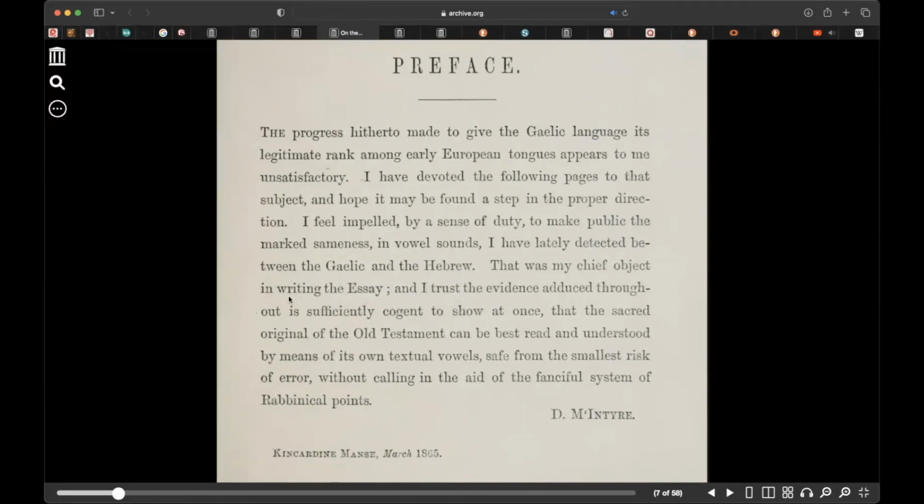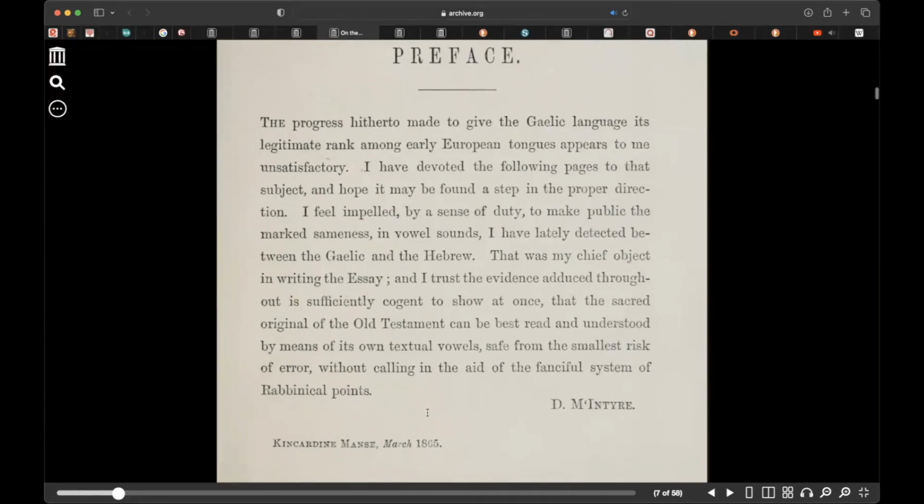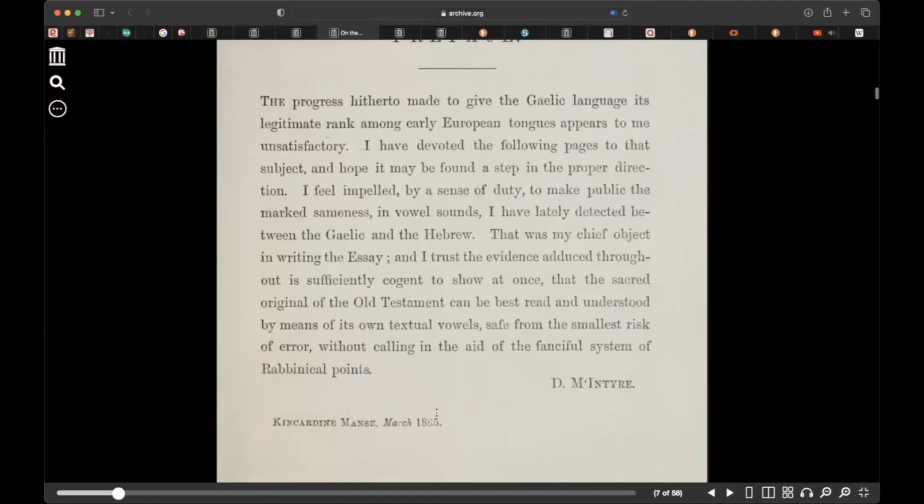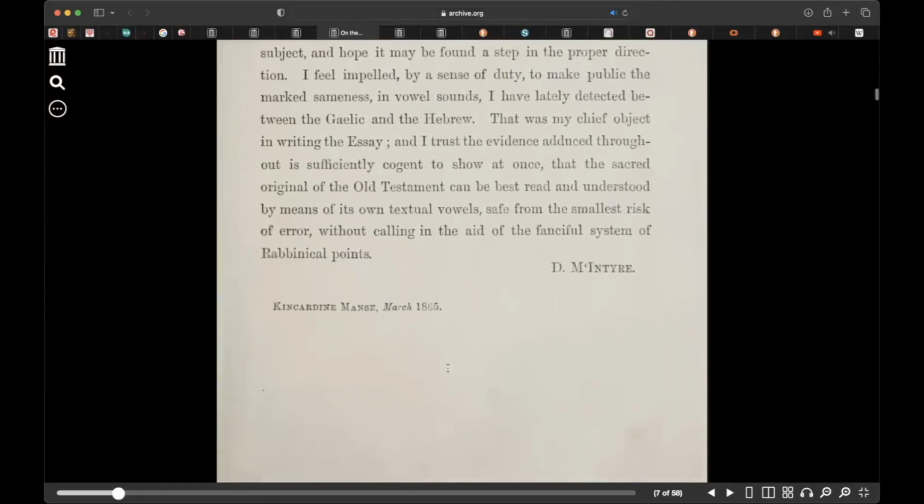That was my chief object in writing the essay, and I trust the evidence adduced throughout is sufficiently cogent to show at once that the sacred original of the Old Testament can be best read and understood by means of its own textual vowels, safe from the smallest risk of error, without calling in the aid of the fanciful system of rabbinical points. Dr. McIntyre, he wrote that in 1865.